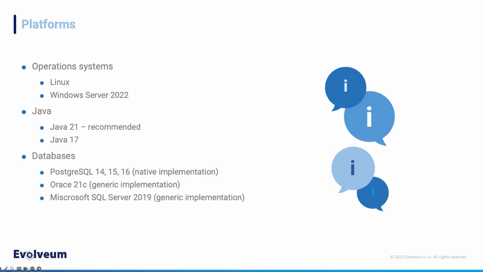Regarding databases, there are 3 databases supported for production use. It is PostgreSQL version 14, 15, and the newest version 16. PostgreSQL is supported only with native MidPoint implementation. For generic repository implementation, Oracle and Microsoft SQL Server are supported.